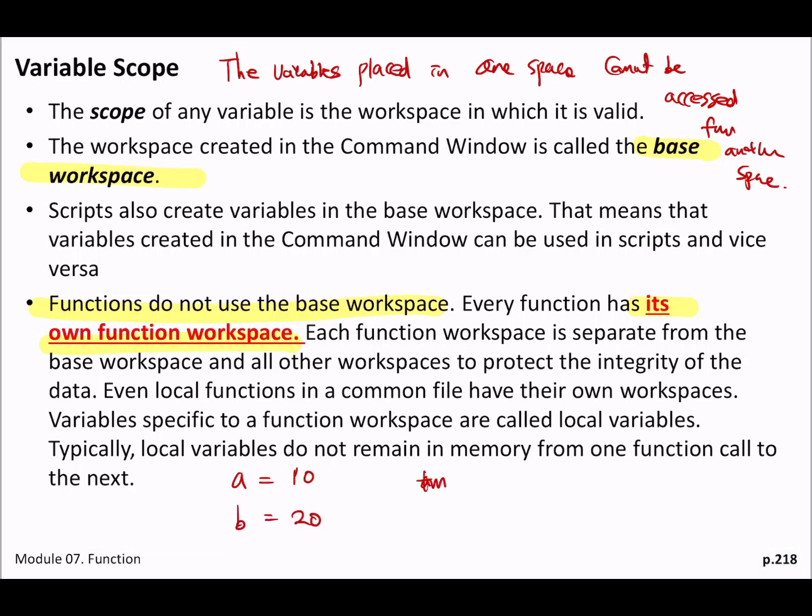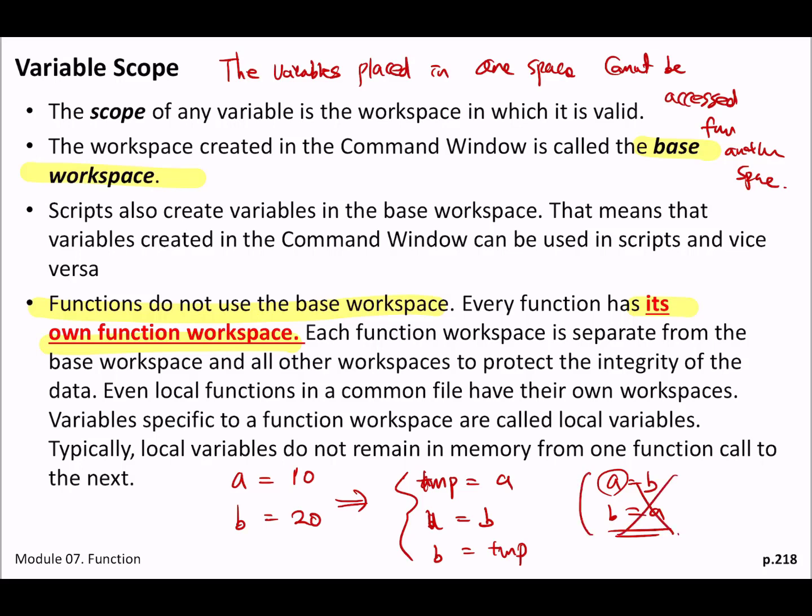Temp equals A, A equals B, B equals temp, right? You make this code, right? You should not code like this one, right? Because A is already overwritten by B, so this one is wrong, right?